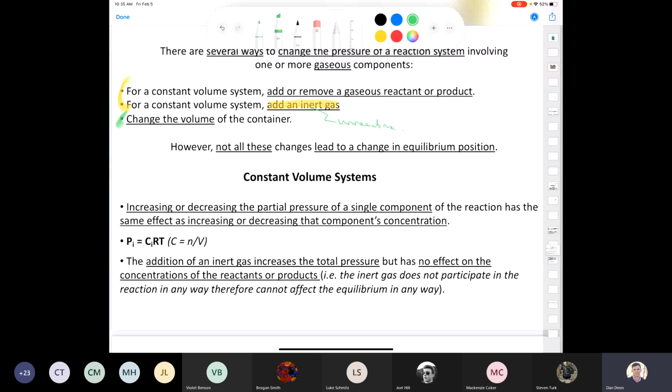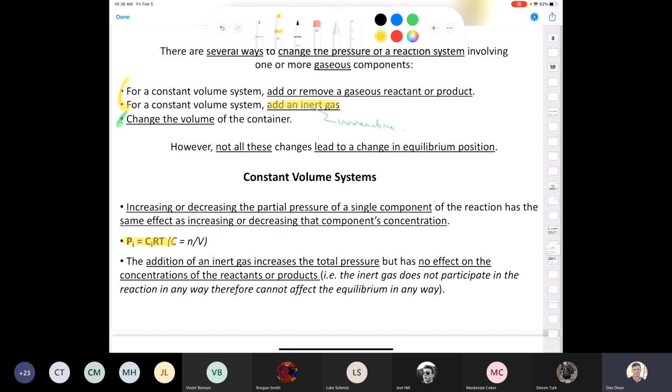Well, that makes sense because we see how PV equals nRT can be used to solve for pressure, and we see how pressure and concentration are directly proportional to each other. Whereas if we add an inert gas, it changes the total pressure, but it doesn't change anything to do with the concentrations, okay?